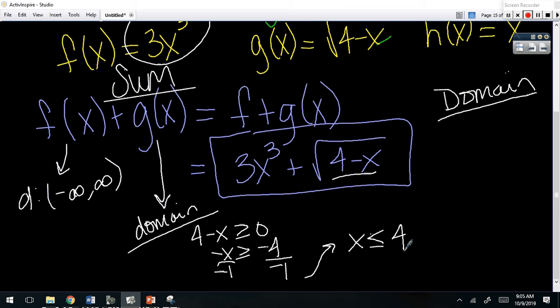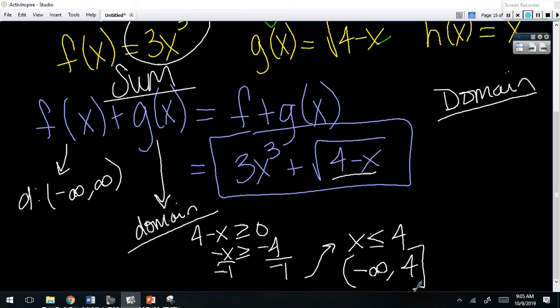How do you say in interval notation x is less than or equal to 4? What's the smallest it can be? Negative infinity up to what? 4. Anybody confused? That's back last chapter, last test we took, right? Everybody okay on that?